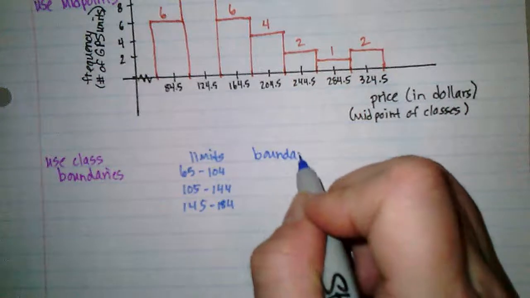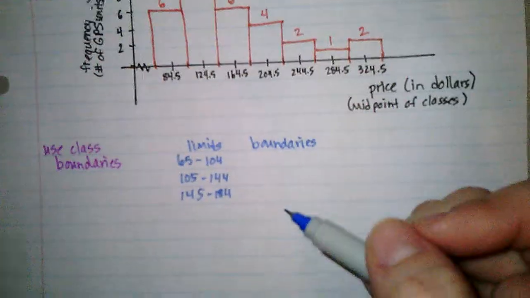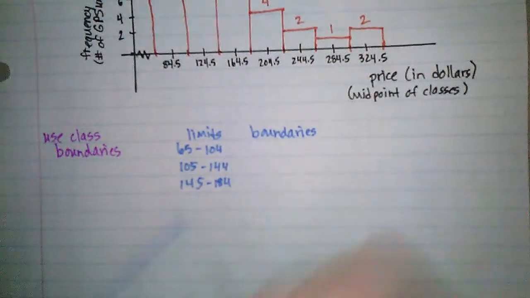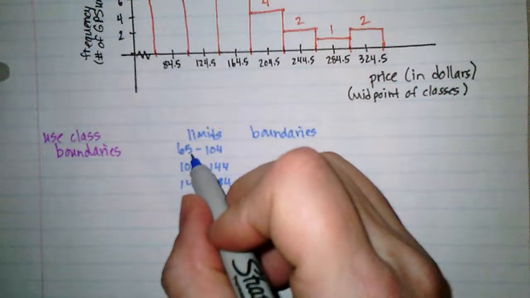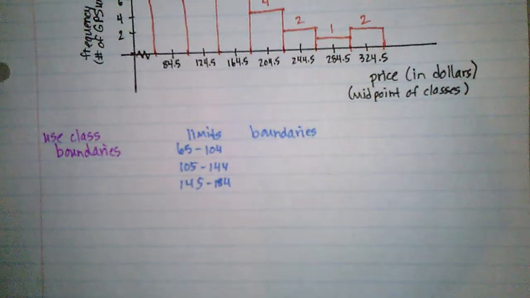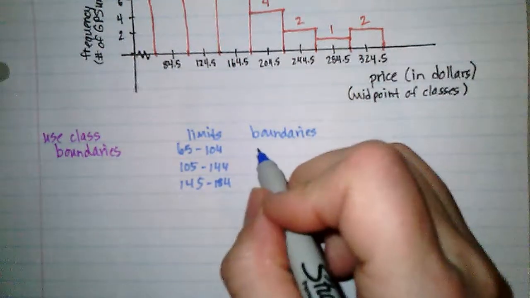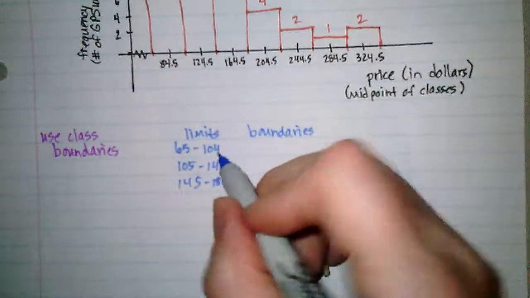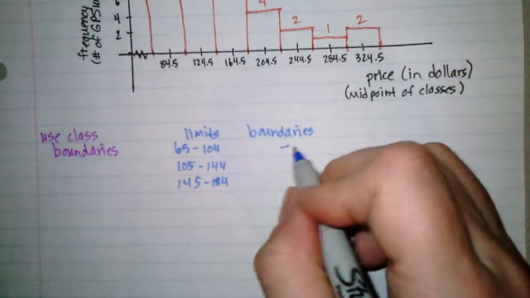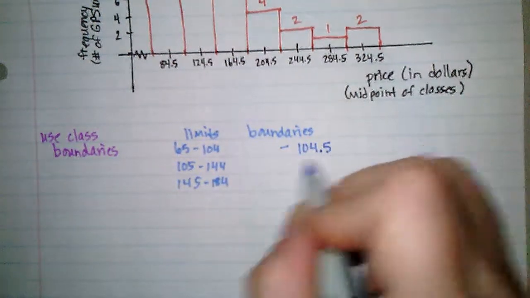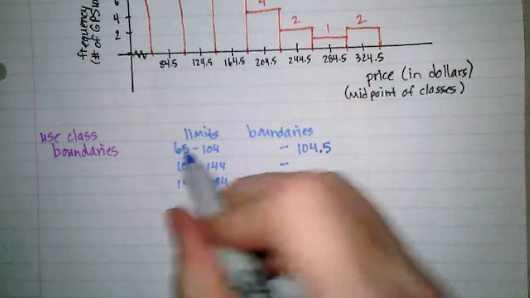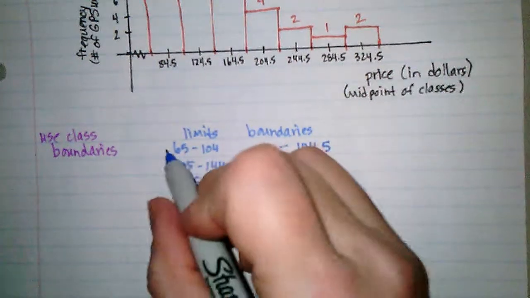Then let's figure out what our boundaries are. So our boundaries are going to go 1 decimal point further than our data. So instead of going to the nearest whole, they're going to go to the nearest tenth, and they always end in a 5. So instead of going 65 to 104, I'm going to go in between 104 and 105 to 104.5.